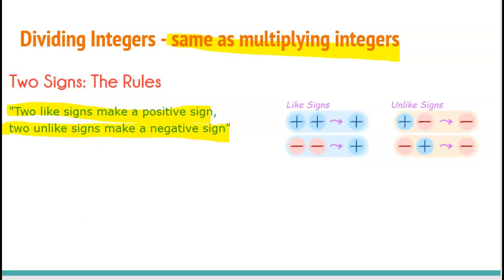This is key, so star it, highlight it, underline it in your notes. A positive times a positive, you get a positive. A negative and a negative, you still get a positive. But if you have unlike signs, one positive, one negative, a negative will always win out.